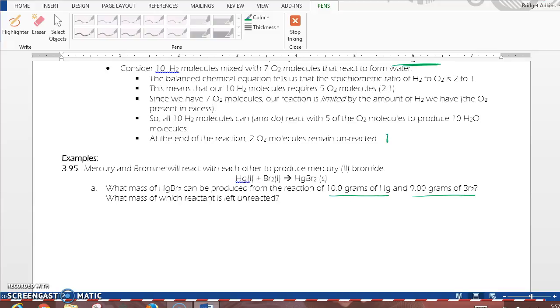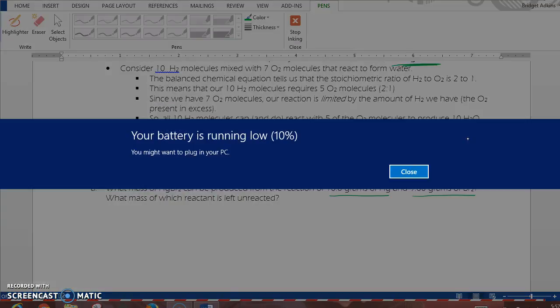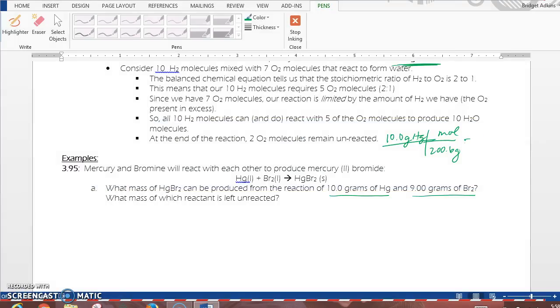So the first thing we have to do is come up to the side and figure out how many moles of mercury I have. So mercury's molar mass is 200.6 grams per mole. And let's see how many that gives us. 200.6. So 0.0499 moles of that.